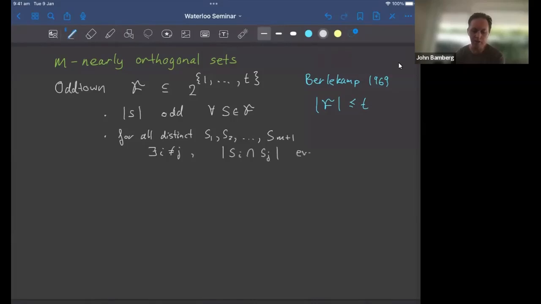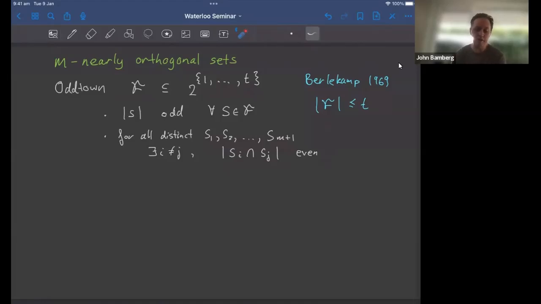So when m equals 1, this is an Oddtown family. Oh yeah, I forgot to mention it's called Oddtown because the set is citizens in a town, and these sets are clubs, and you're trying to put people into clubs. But this here is a generalization of that, where we say that for every m plus 1 of these subsets, there is some pair that intersects in an even number.